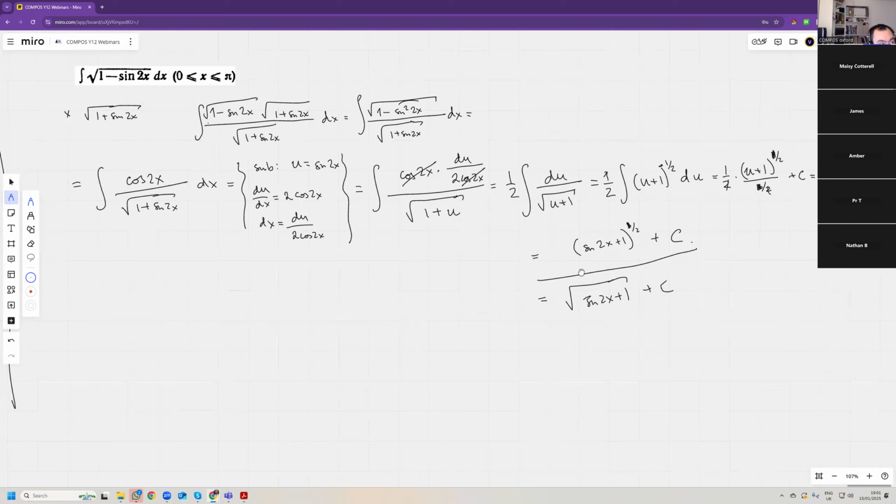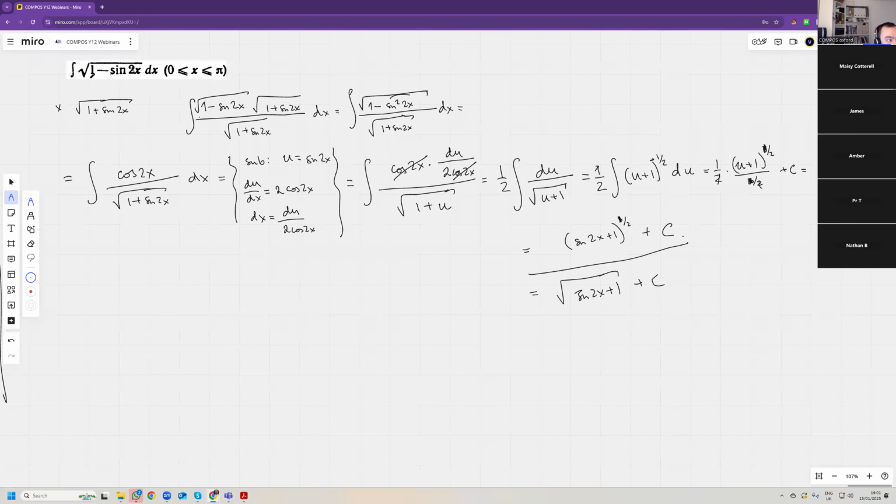Ooh, interesting. The derivative of 1 minus sine 2x is 1 plus sine 2x. Oh, sorry. So 1 plus sine 2x, that's the answer. Let's differentiate that, and it should be equal to that.